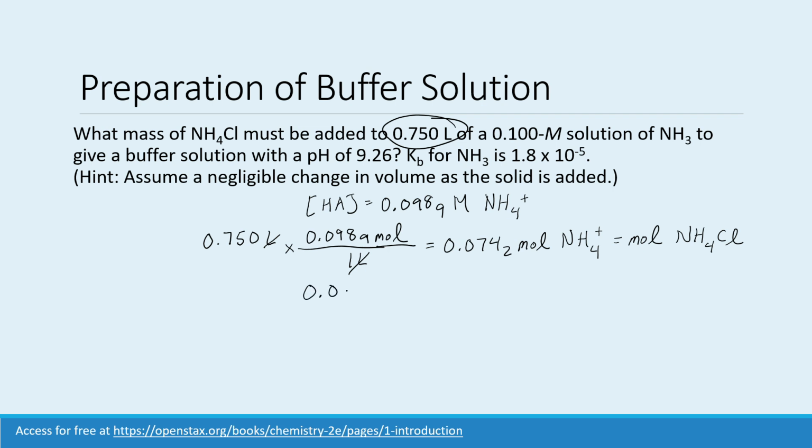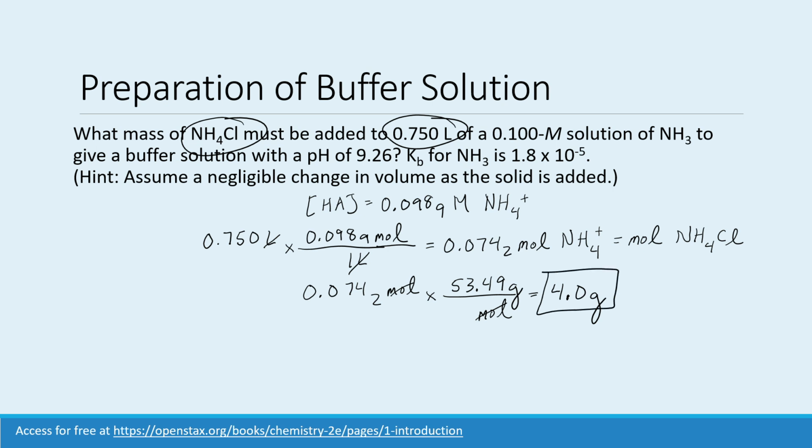And so the last step is to take the 0.074 moles and multiply by the molar mass of ammonium chloride, which is 53.49 grams. Remember to use your periodic table to calculate that. And that is grams per mole. Okay, and 2 sig figs at the end to leave us with 4.0 grams.